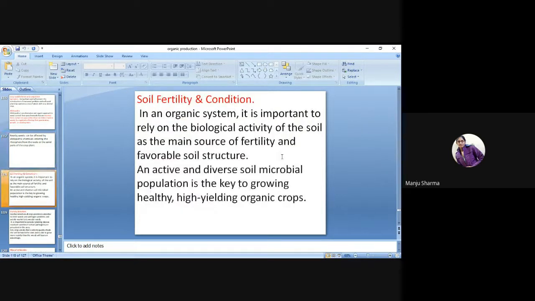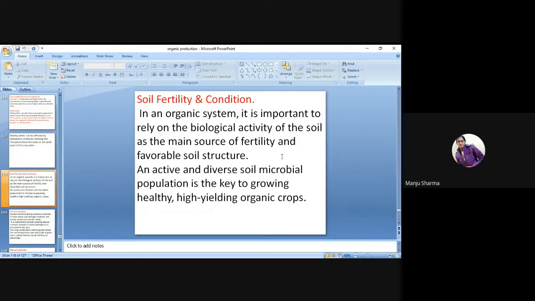Soil fertility and condition. In an organic system, it is important to rely on the biological activity of the soil as the main source of fertility and favorable soil structure.